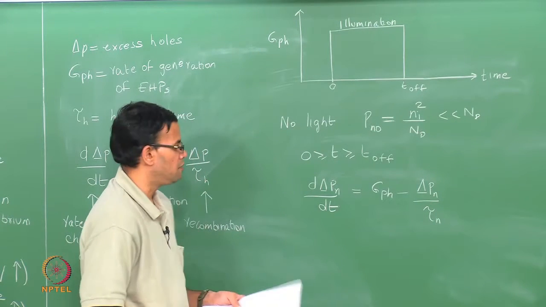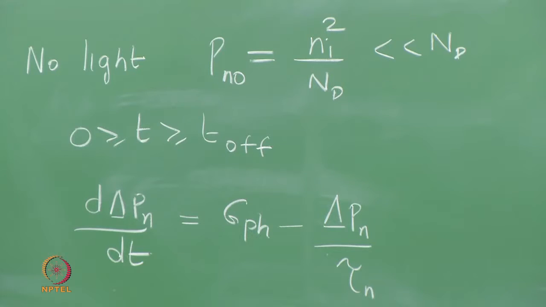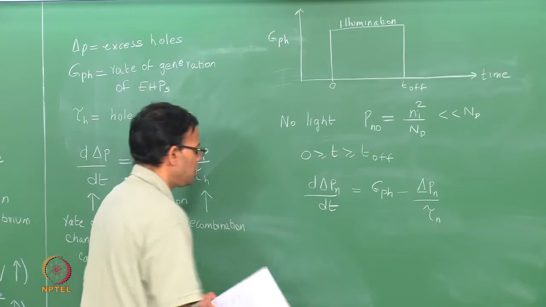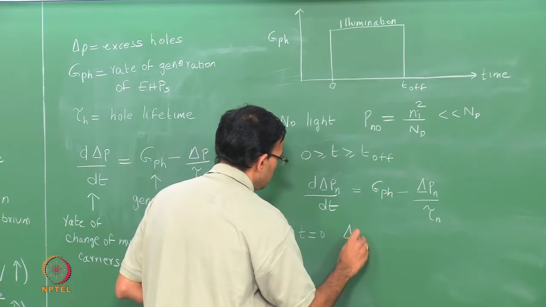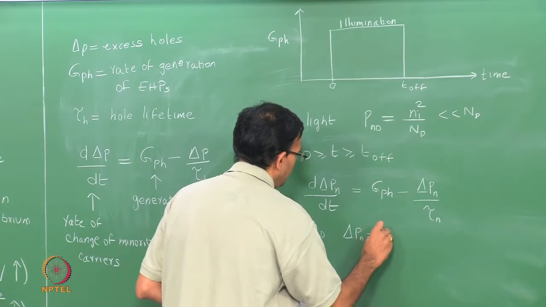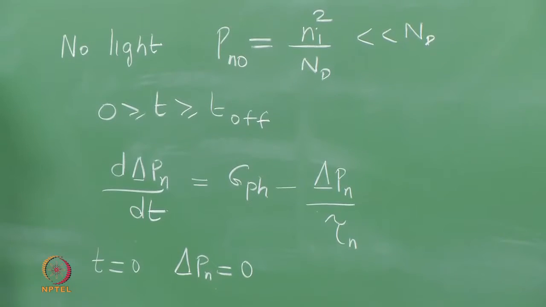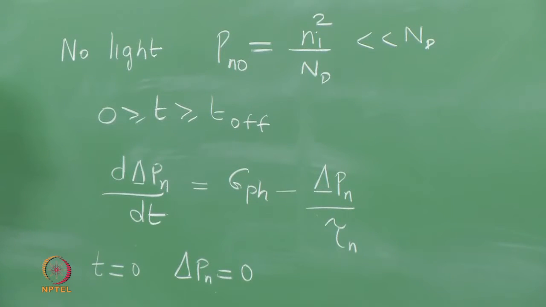So, this is just a first order differential equation. We can integrate it, and the boundary condition is at time t equal to 0, delta Pn is 0. There are no excess carriers in your material.